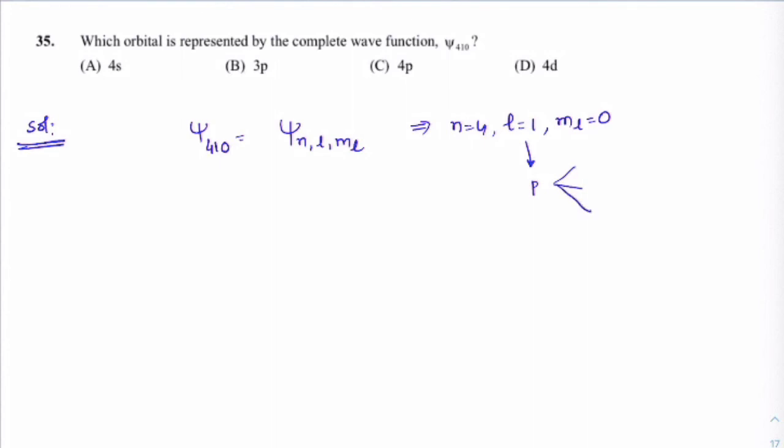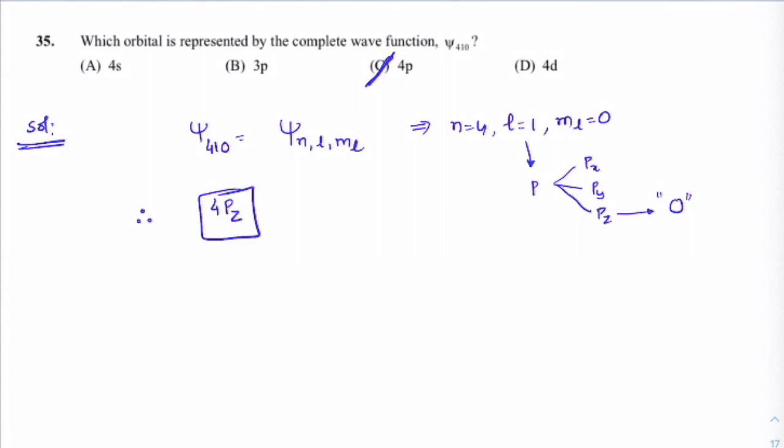P subshell will have 3 orbitals, px, py, pz, and pz is conventionally always given as 0. So therefore the orbital which we are looking at is 4pz, correct? So if you check out the options, it is definitely 4p.